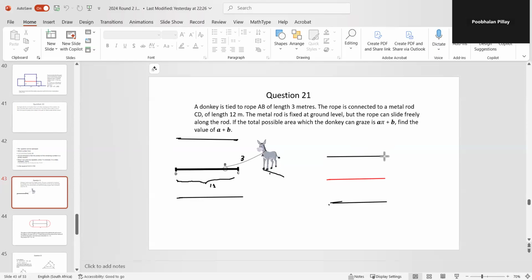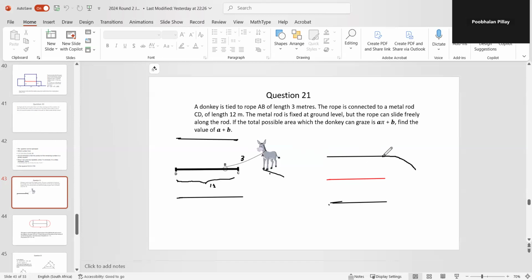And then after that you have a semicircle. I don't know whether I'm going to draw the semicircle accurately, so I'll draw it freehand.